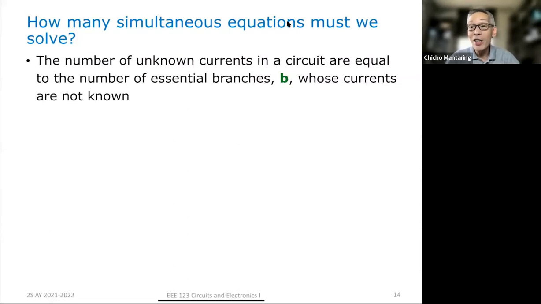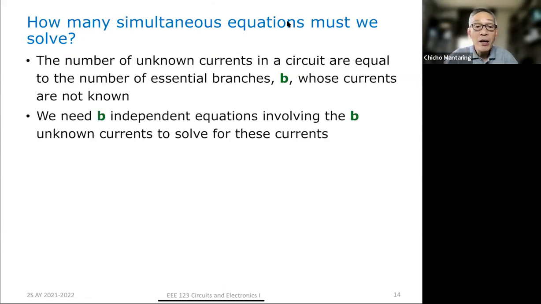I explained this earlier, no? Yung essential branch, importante yung essential branch kasi isa lang yung current na dumadaan sa essential branch. So the number of unknown currents in a circuit is equal to the number of essential branches kung hindi natin alam yung current doon sa essential branch na yon. So let's call that B, the number of essential branches whose currents are not known.